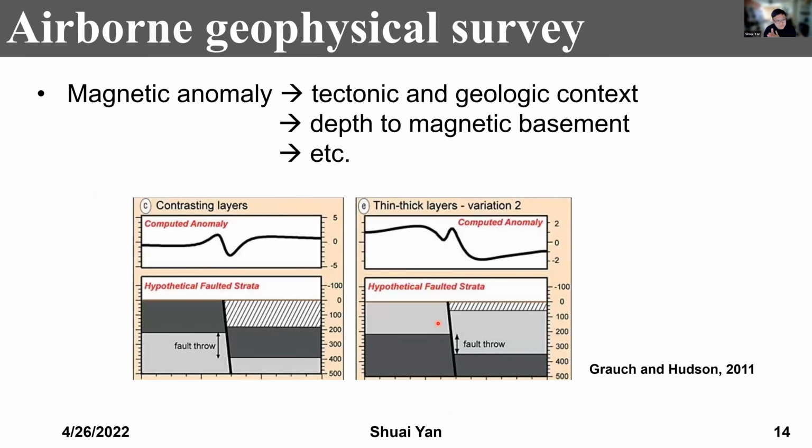And of course, we have magnetics, which can be used to get some idea about the geologic context. Here are some examples from Gruntch and Hudson et al. They calculated the magnetic response of some very simplified geologic structures.